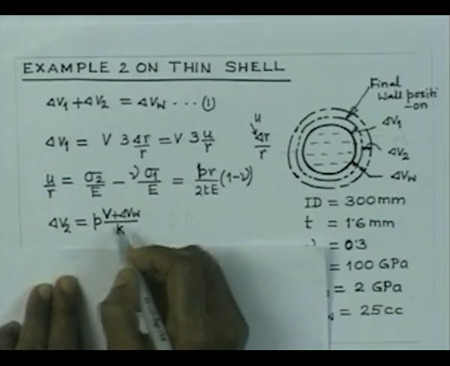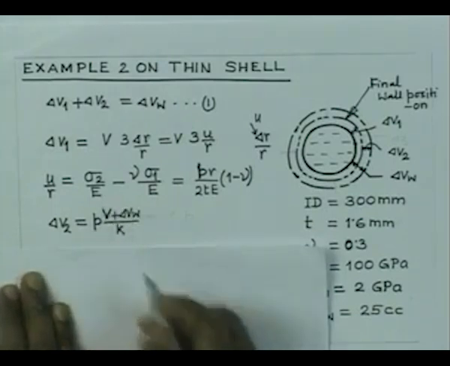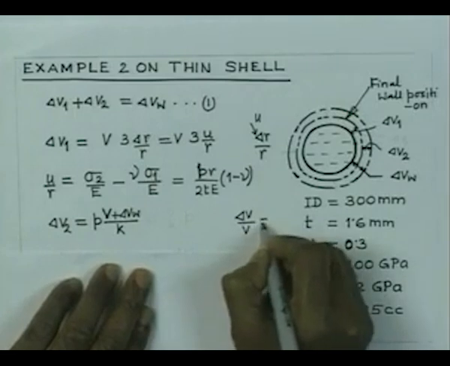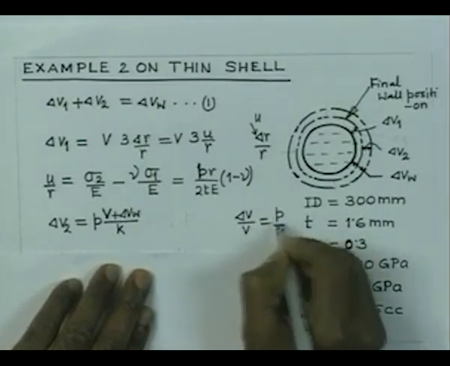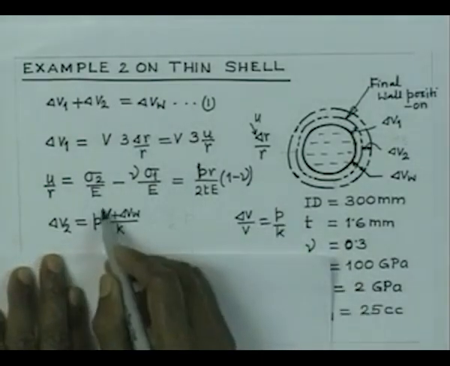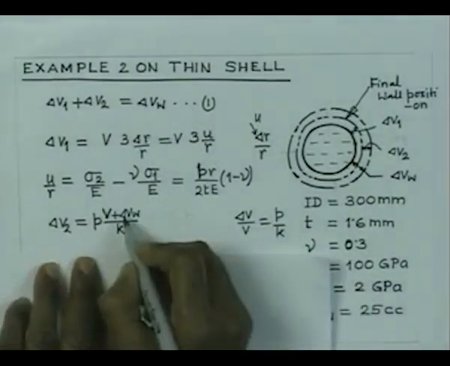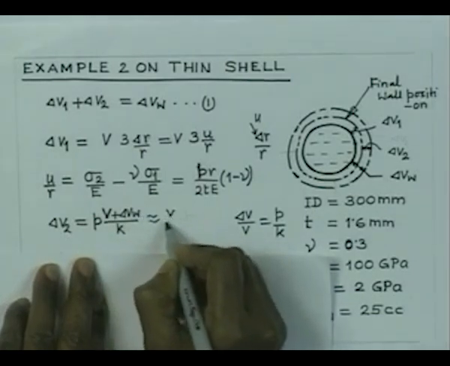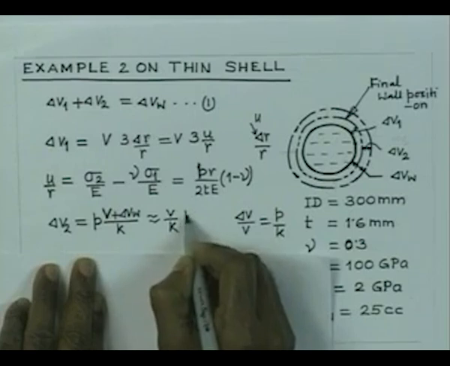You know the formula delta V by V is equal to P by K, that is the bulk modulus, and therefore we can write delta V2 is equal to P into the volume divided by K, and this V plus delta VW we can write approximately equal to V, and therefore this is V by K into P.